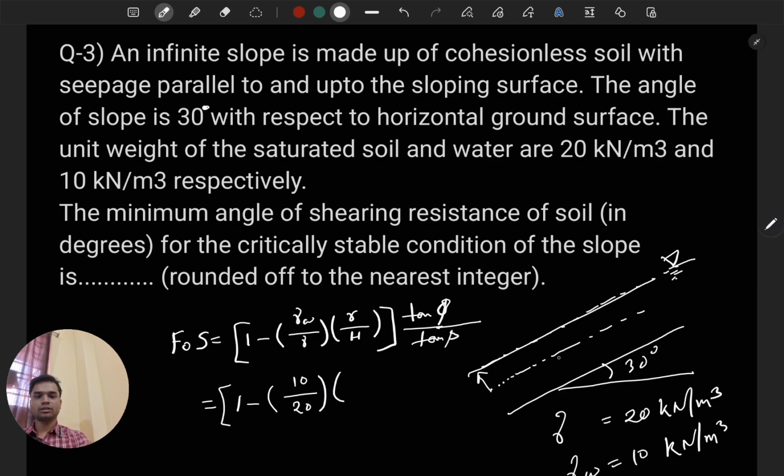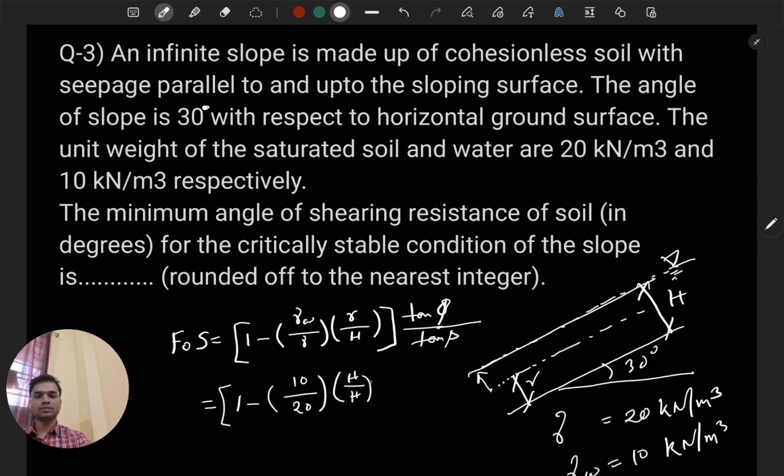Okay, then this is up to the ground level, meaning if this is H and this is R, then it has already reached that level. H by H means 1.